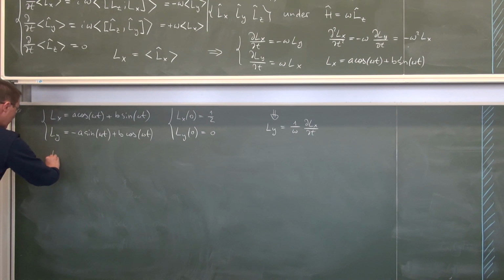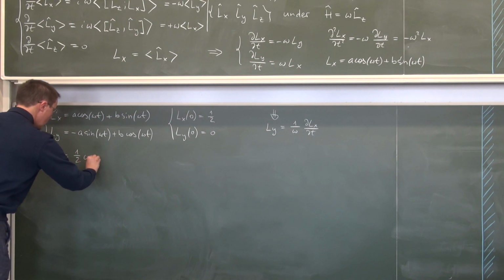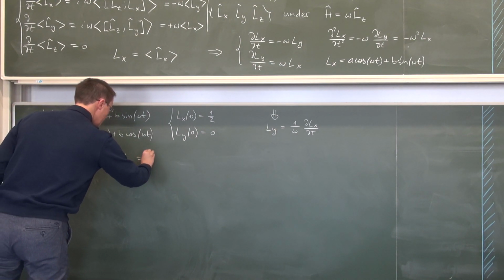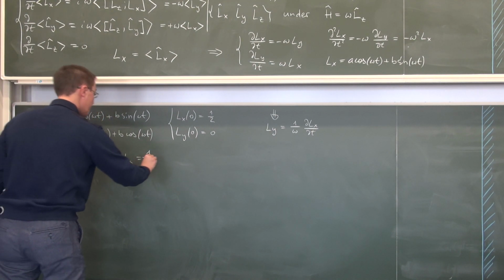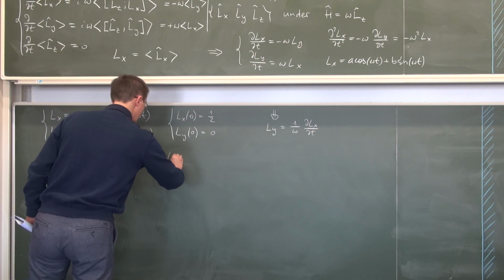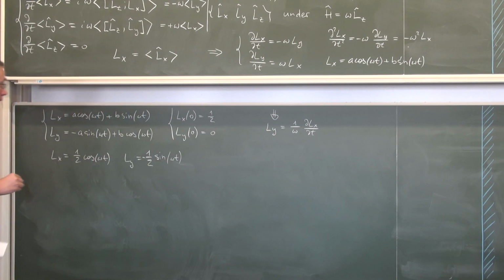So we would have Lx is 1/2 cosine omega t, and Ly is 1/2 with a minus, because it's counterclockwise dynamics, sine omega t. Okay, so these are our solutions, and you can see it's the usual precession.